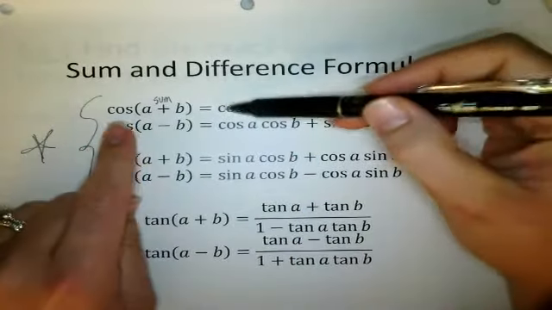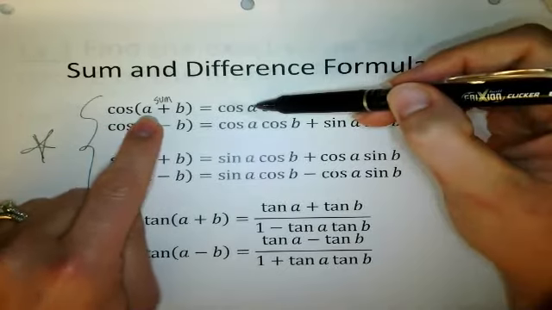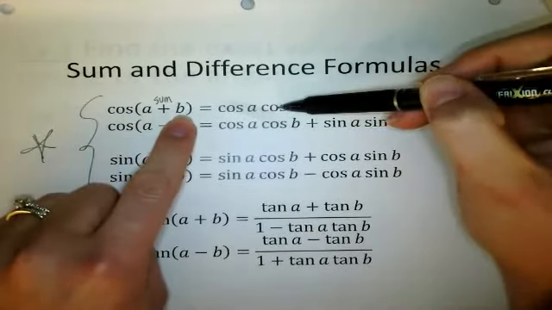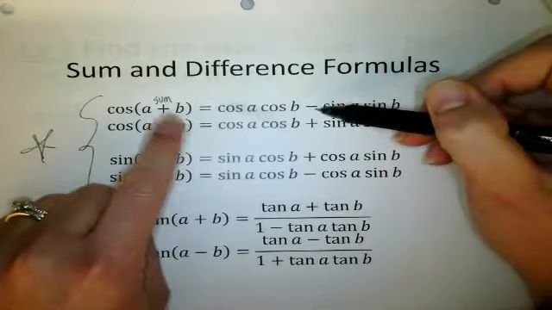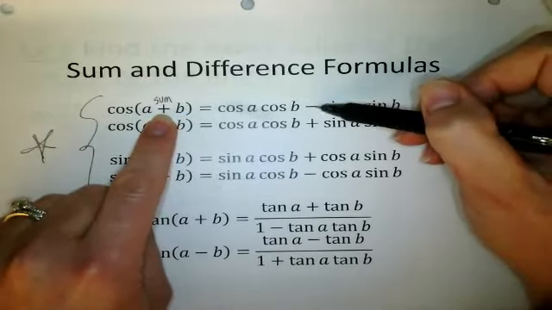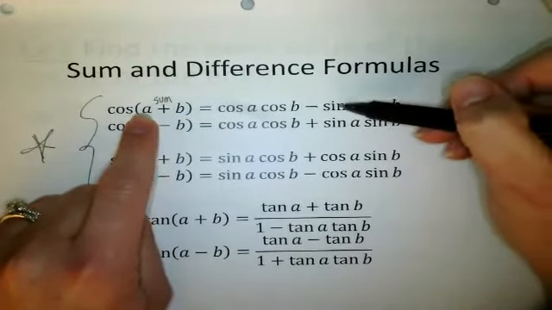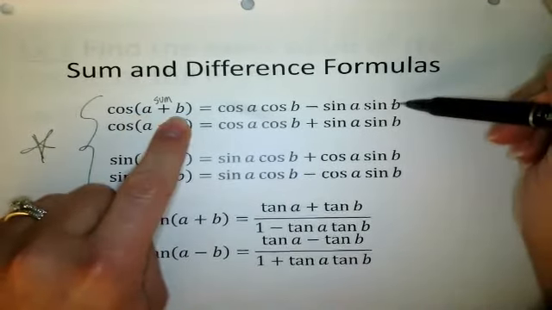This pattern says we're going to take cosine of the first angle times cosine of the second angle. We are changing the sign. And then again, we take sine of the first angle, sine of the second angle.